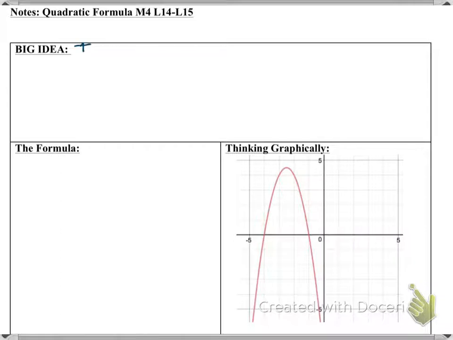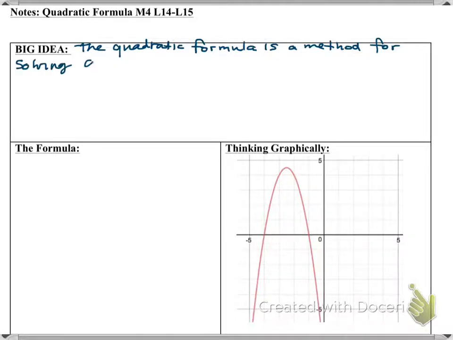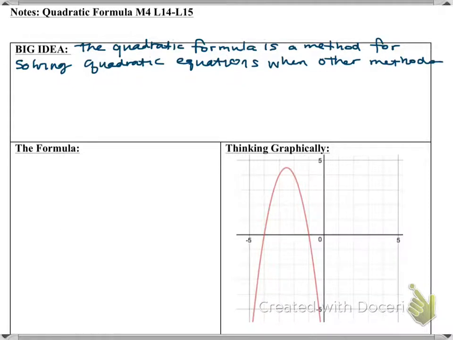So the quadratic formula is a method for solving quadratic equations when other methods don't work so well.